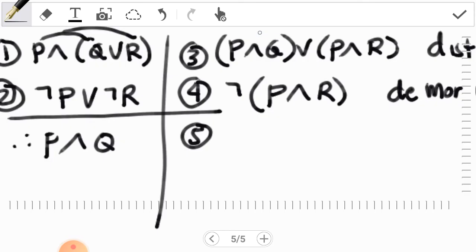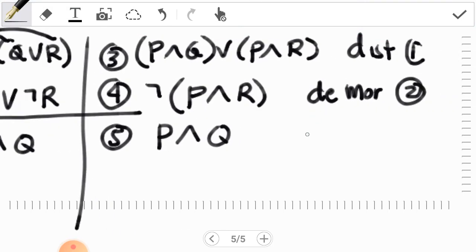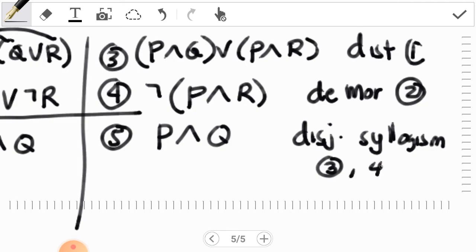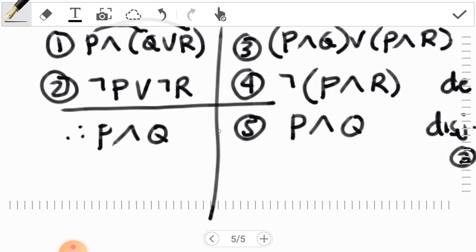It states that P or Q, not P. So in this case, we use not Q. So what will be our conclusion? It will be this part here, P and Q. So this is just using disjunctive syllogism of line 3 and line 4. And because of the disjunctive syllogism, we now have obtained the conclusion.